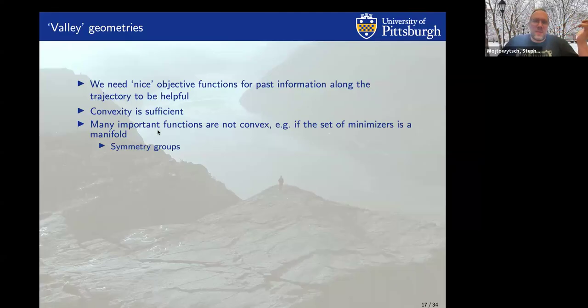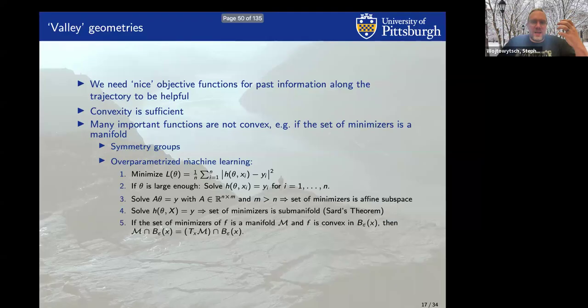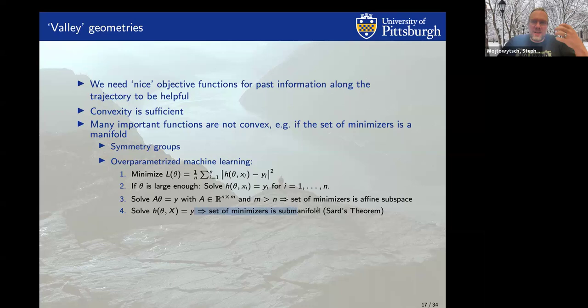So if the set of minimizers is a manifold, if we have symmetry groups, or we have overparameterized machine learning, then the set of minimizers is generally going to be a submanifold if we have this kind of L2 loss, mostly because, well, if I try to solve an overparameterized system of linear equations, I get an affine subspace.